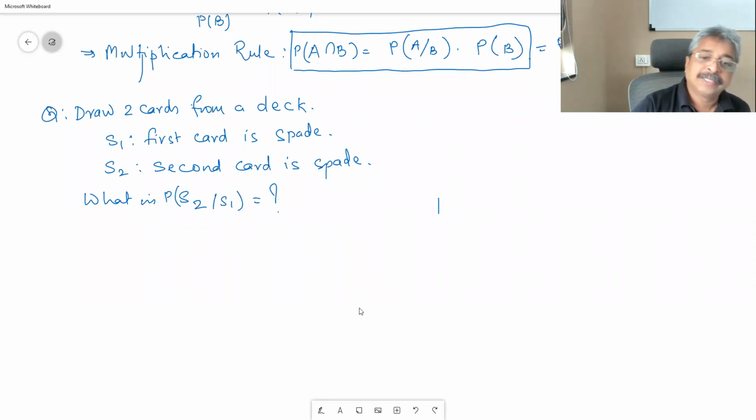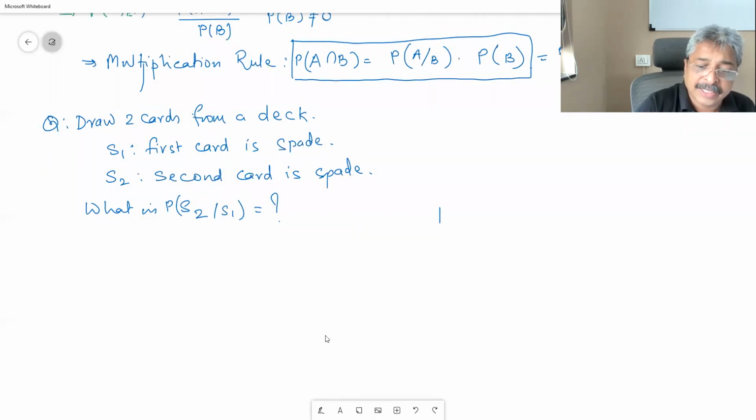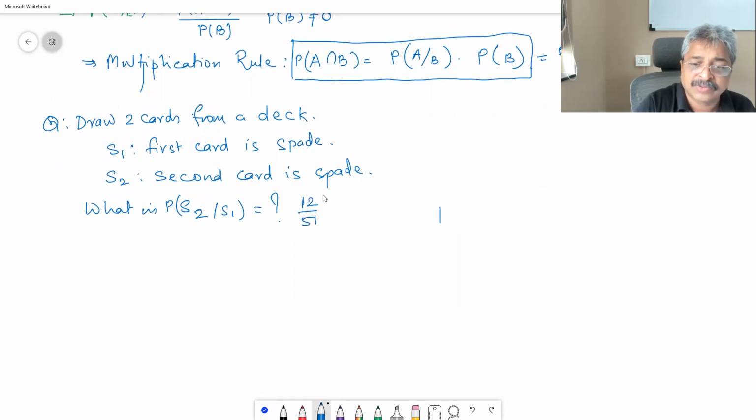It is direct, because if the first card was spade, then that card is gone out of the calculations, and therefore only 51 cards are left, out of which there are 12 cards of spade.